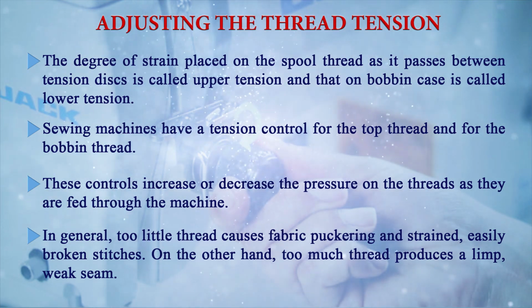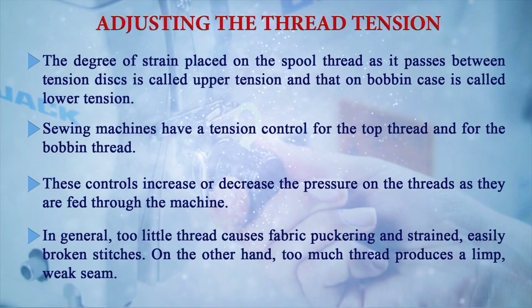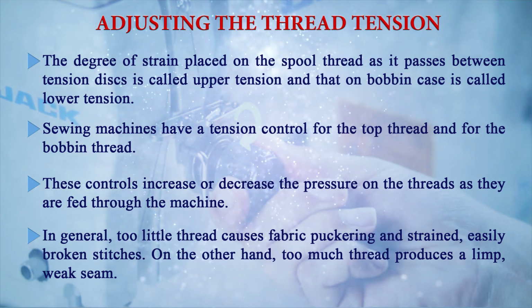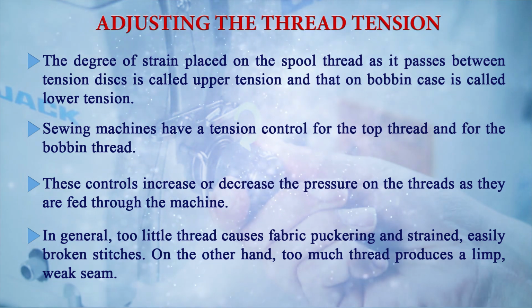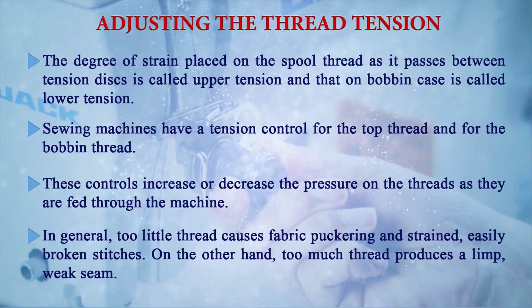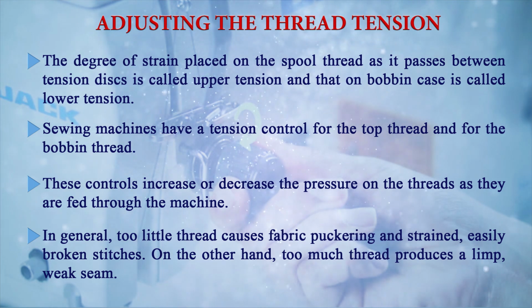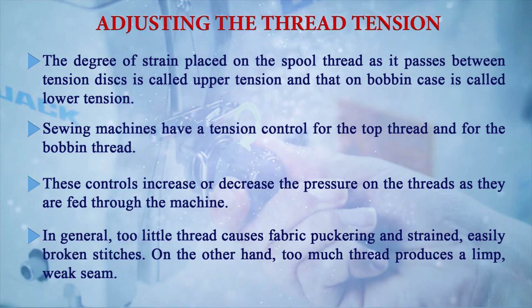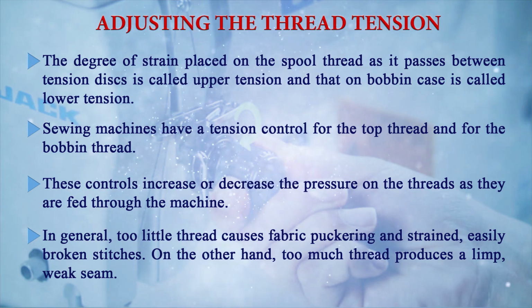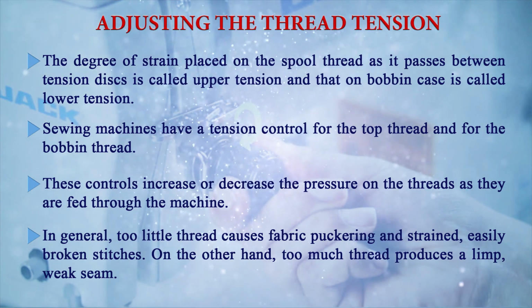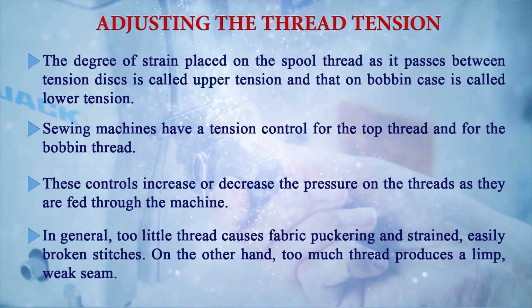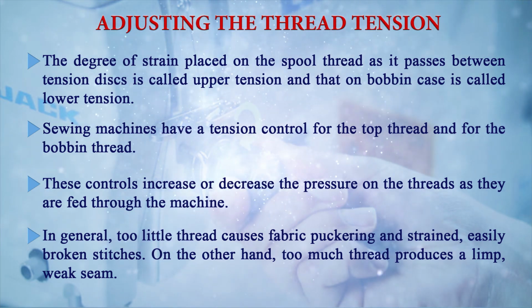If we have too little thread, our stitches are not even or smooth, they get puckered, or they get uneven and the loops come out, very loose threads. If it is very tight, the stitches may get broken. On the other hand, too much thread produces a limp or weak seam. So we can have all these drawbacks.